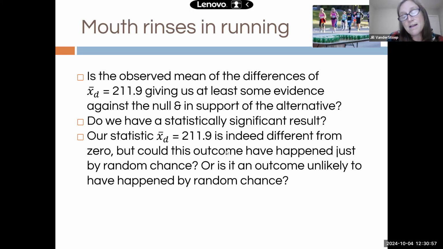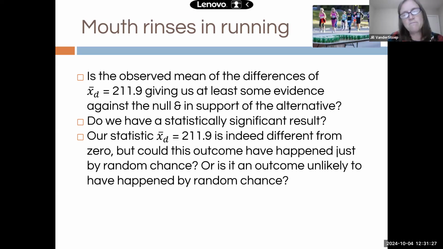Then I say, well, how do I know if it's a statistically significant result? So is it strong evidence against the null or very strong evidence? So yeah, 211 is different from zero, but could this have happened by random chance? Could it be that by random chance, on the days that the pink solution was given to the runner, they just happened to have a better day, and that's why they went longer, right?